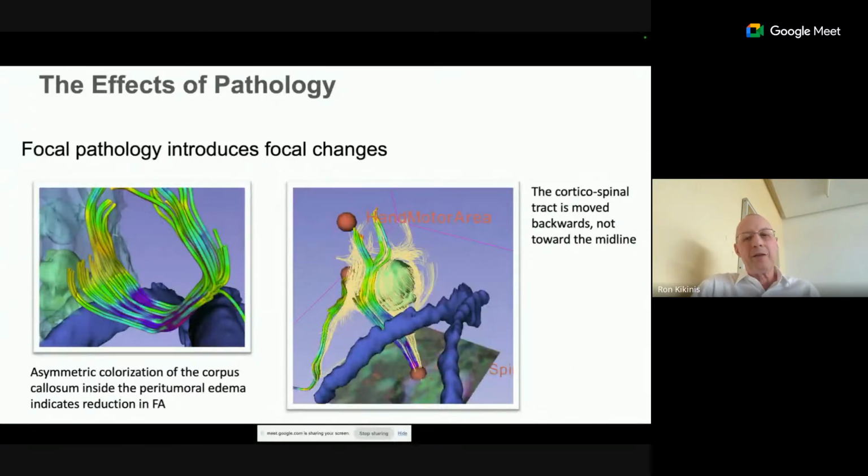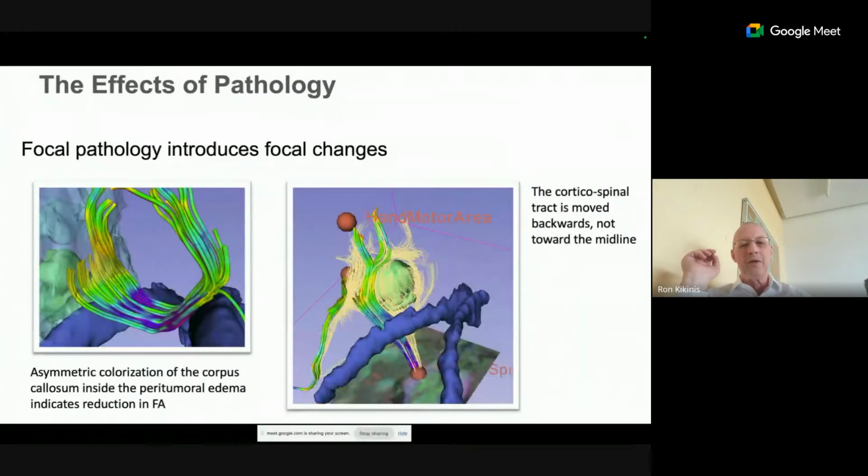What you see on the right side is the same tumor. Now it's not the corpus callosum, but you still have in blue the ventricles for reference. I put the seed into the internal capsule, which is at the bottom, the red sphere at the bottom. And you see some of those fibers going up to the annotation that is labeled hand motor area.